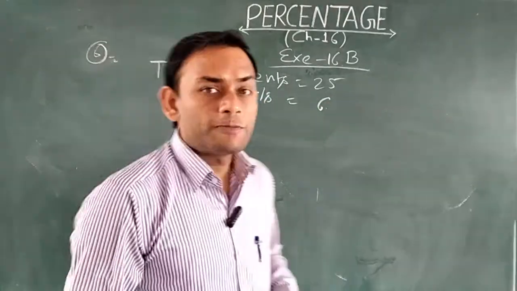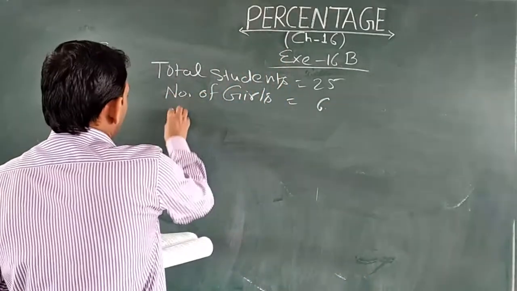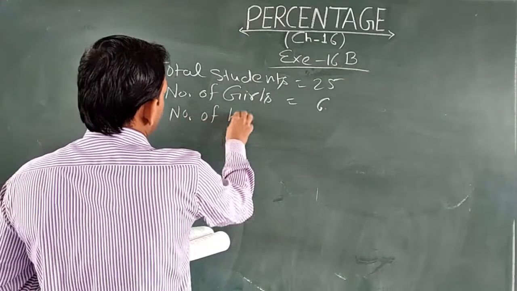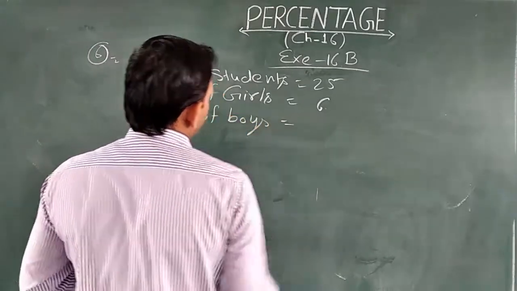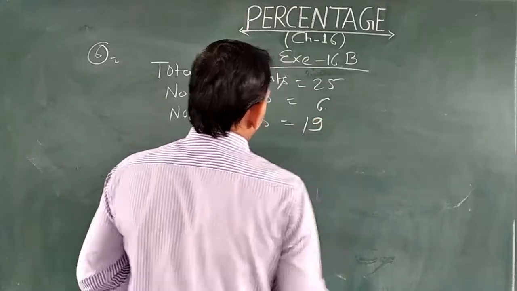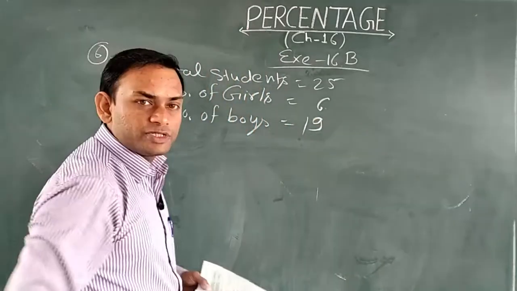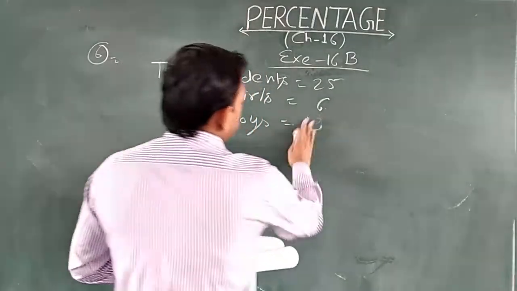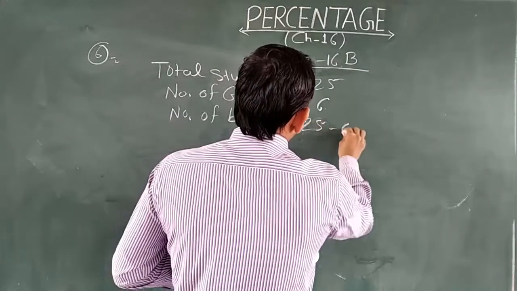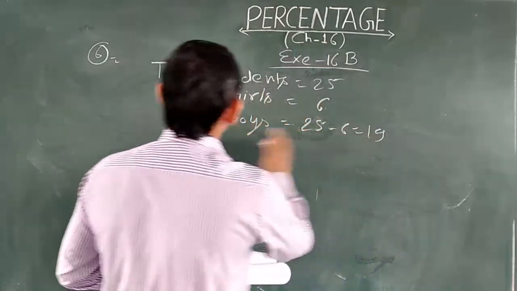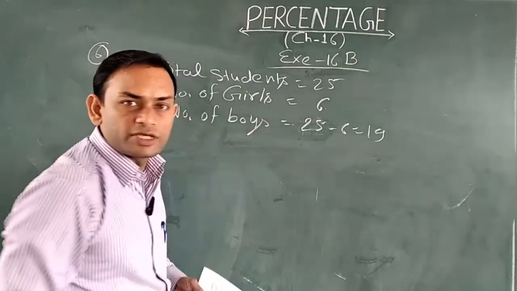What is the percentage of boys? So first of all we will write the number of boys. It will be 19 boys. How do you find it? You can write like this: 25 minus 6 will be 19, meaning 19 boys, since 6 girls is given already.